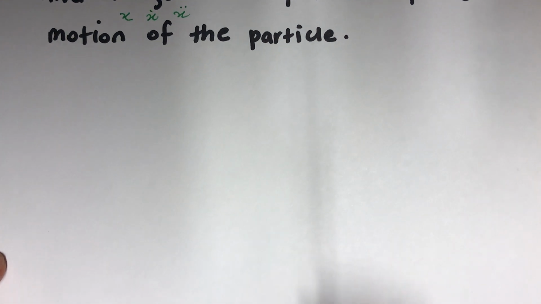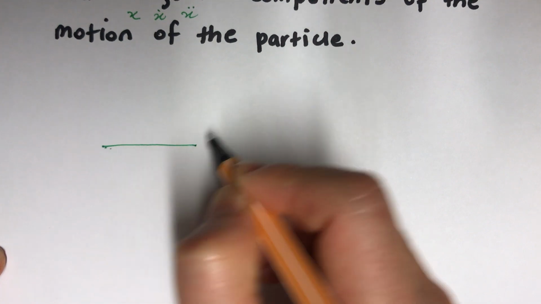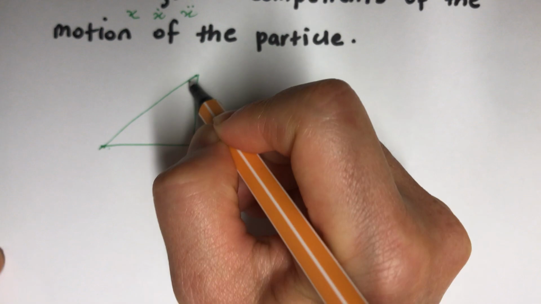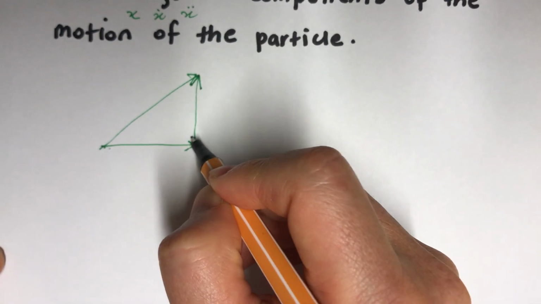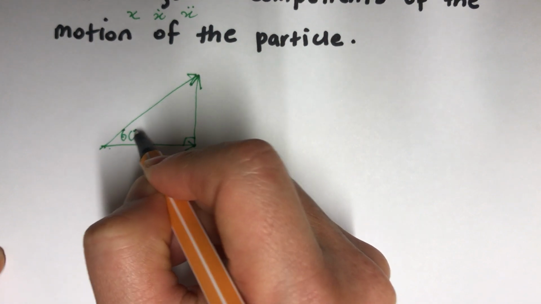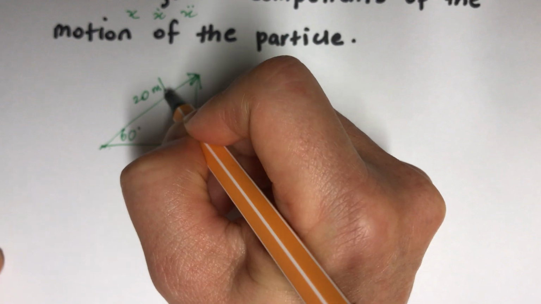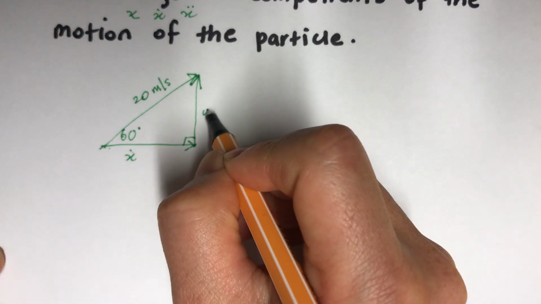First we need to sketch. It doesn't have to be beautiful, just simple. So that's my V, that's my theta, theta was 60, and V was 20 meters per second. And then my x dot and my y dot.